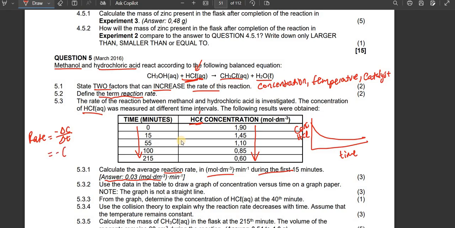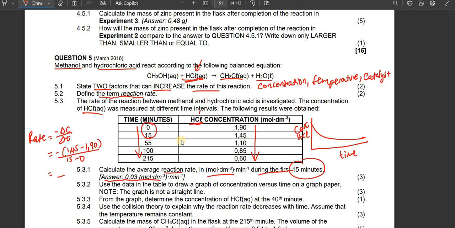Then you say minus. They said during the first 15 minutes, so I have to look from 0 to 15. My change in concentration was 1,45 minus 1,90. So that's what you would write: 1,45 minus 1,90. You divide by 15 minus 0. Then you get your answer.